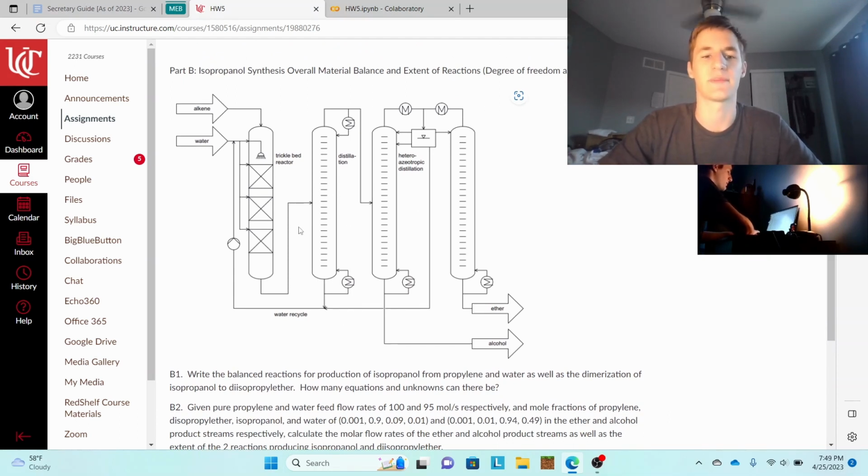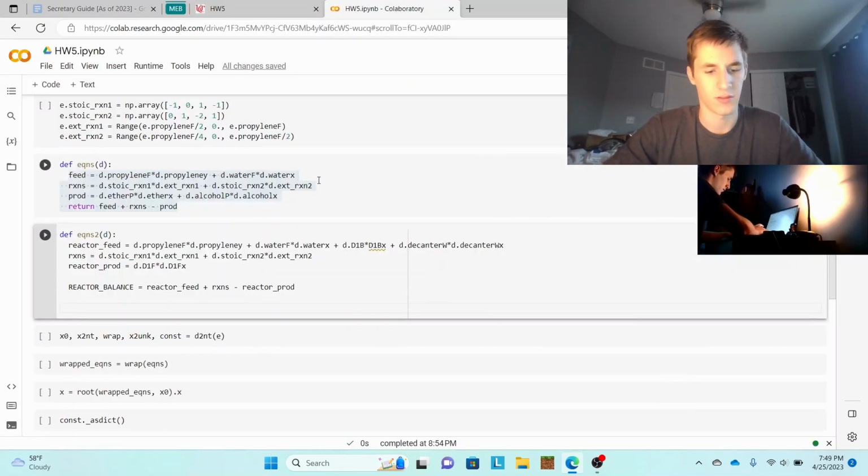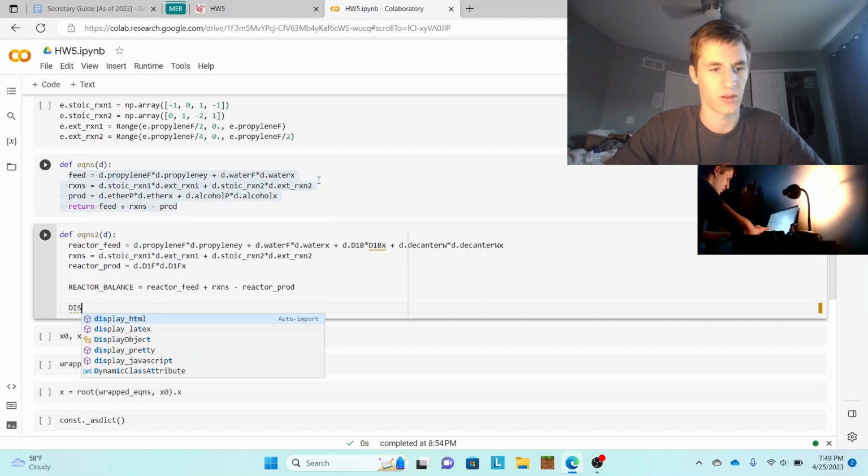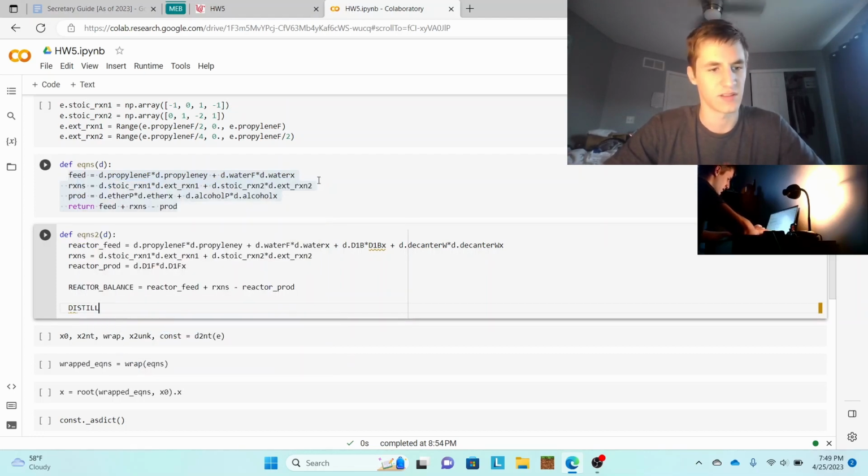We want to look at the mass balance. So we have our feed going in, distillation balance. Oops. And we have our D dot D1 feed times D dot D1 feed X, right?